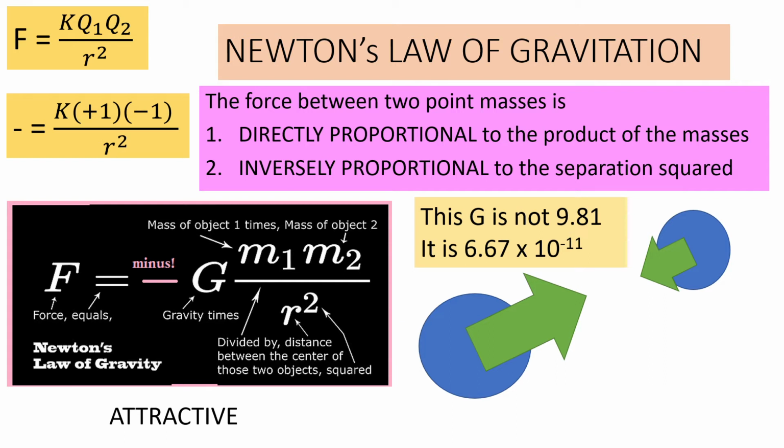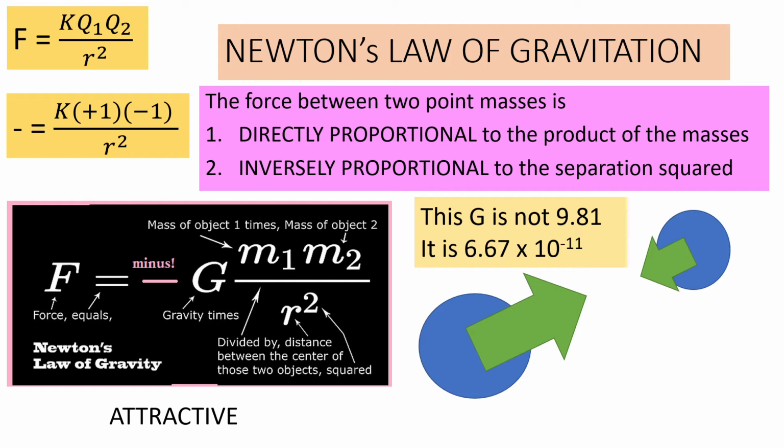Anything that is gravitationally attractive is not repulsive, meaning it will go towards the center of the object. So gravity is always attractive. You don't see anything with mass that's repelling, but that goes into dark matter, and that's not relating to this right now.